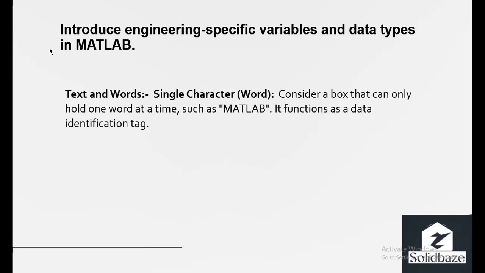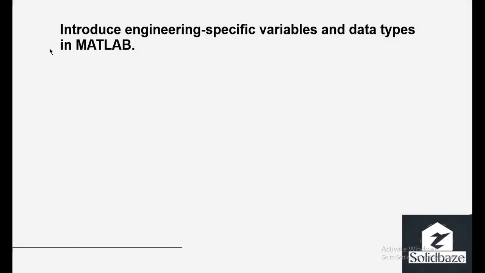It functions as a data identification tag, okay? And we can declare this as a variable in Matlab, and they are called character data type. These are what we call character, text, and words data type. Character data type is mostly common.